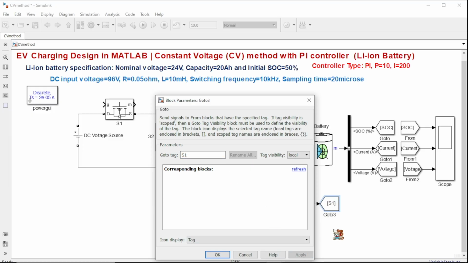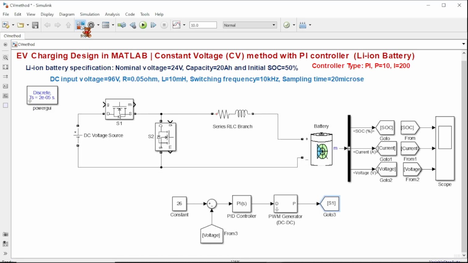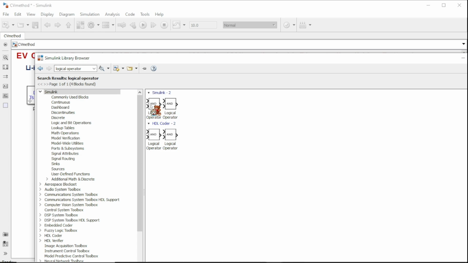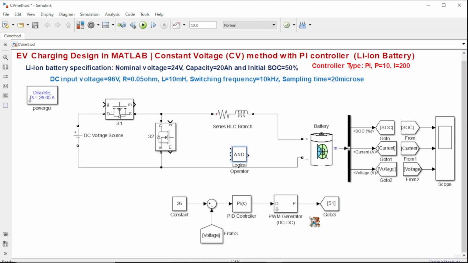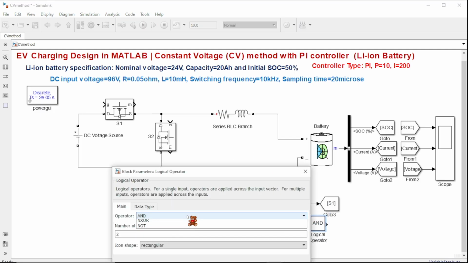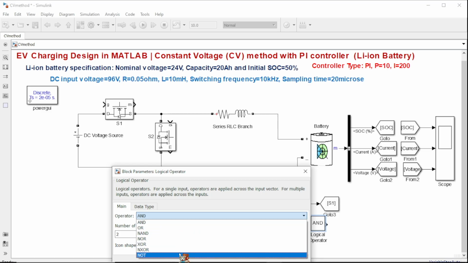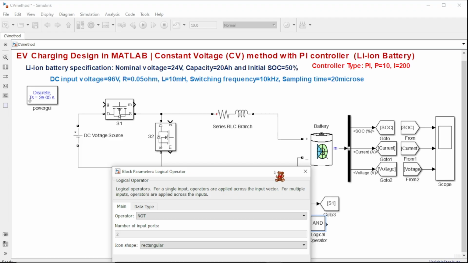And for the switch 2 operation, here I am using logical operator. So just search it that is the logical operator. Otherwise you can also search as a AND gate. So just add it. So I got the AND gate, and now double click it. You can see lot of logical operators are there, AND, OR, but here we need only the NOR operator.